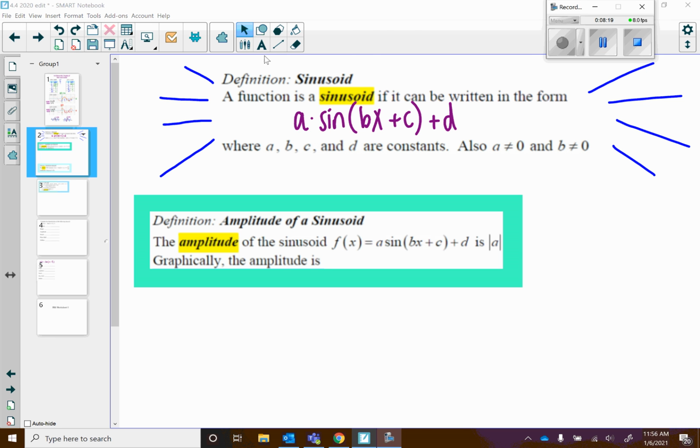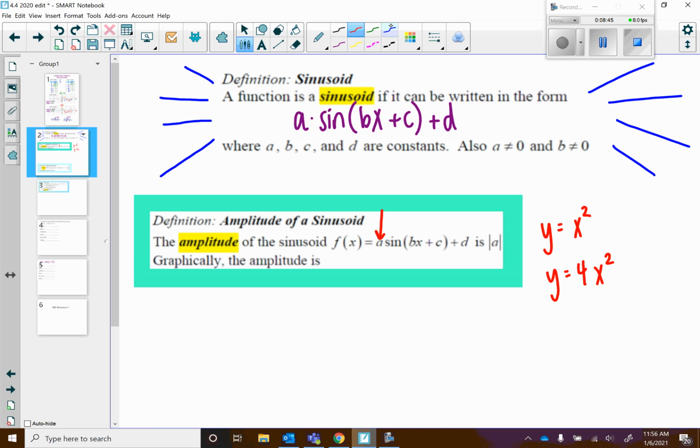Let's talk about a couple super important characteristics of these graphs. The first is the amplitude of the sinusoid. The amplitude of a sinusoid is equal to the absolute value of A. The amplitude is this value right here. Now, if we think for a moment, this would be like if this was my original function and I had y is equal to 4 times x squared. Think back.